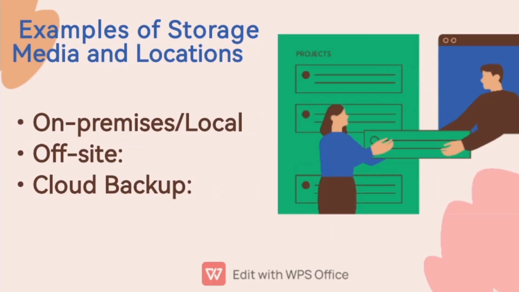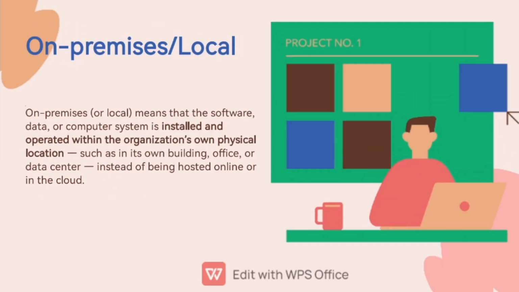So we're gonna talk about examples of storage, media, and location. The first one is on-premises, or local. On-premises or local means that the software, data, or computer system is installed and operated within the organization's own physical location, such as in its own building, office, or data center, instead of being hosted online or in the cloud.